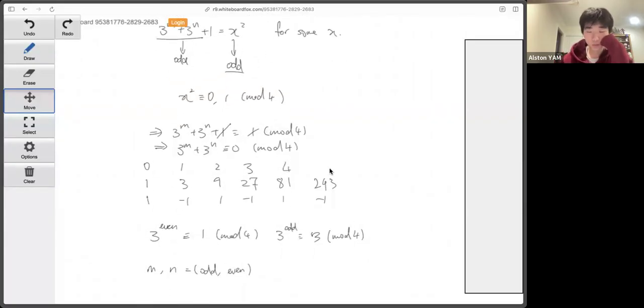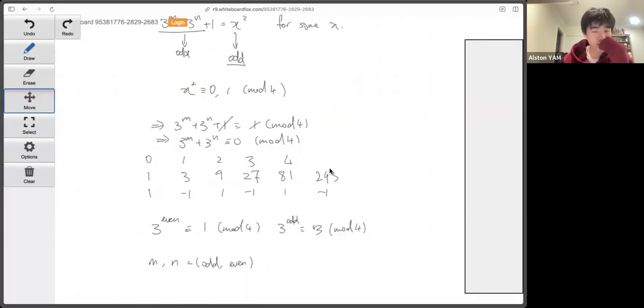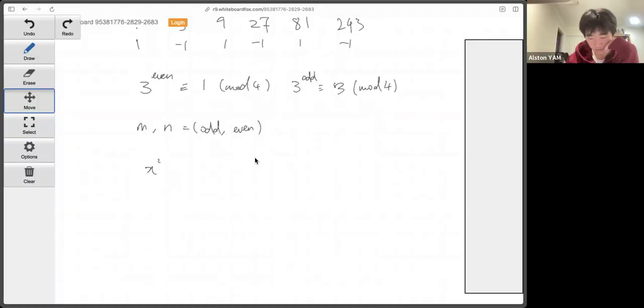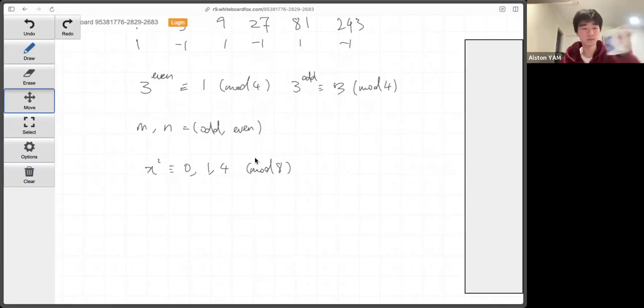Okay, so the squares under mod 8 are also quite interesting. Why is that? So the squares under mod 8: x squared is congruent to 0, 1, or 4 under mod 8. Yeah, cool.